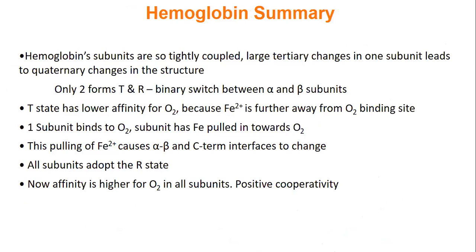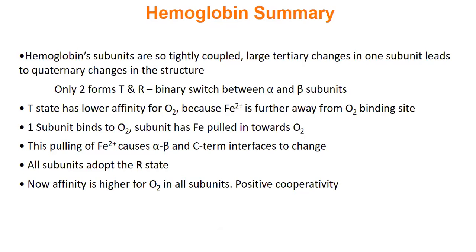So this slide basically just has everything I said, summarized, right? So hemoglobin, all 4 subunits are coupled. That is, you have a lot of interactions between them. And if you have tertiary changes in one subunit, that leads to a quaternary change in the whole structure. Now, hemoglobin is rather simple and only has 2 states, T and R, and it switches between those.